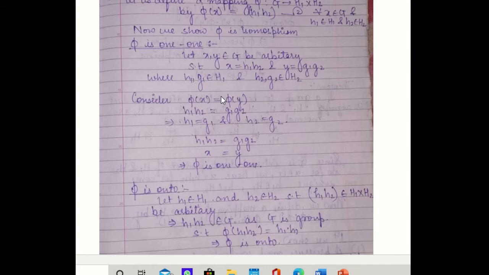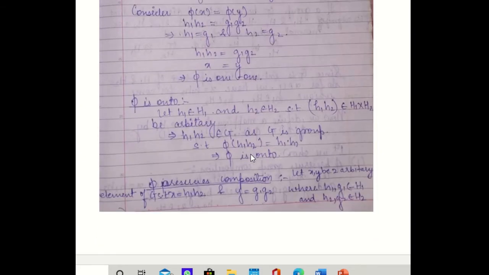If we are able to show x equal to y, then this mapping is 1-1. So by definition, we have phi x is equal to h1 h2 and phi y is equal to g1 g2. This implies we get h1 equal to g1 and h2 equal to g2. So this implies h1 h2 is equal to g1 g2. This implies x equal to y. So phi is 1-1.